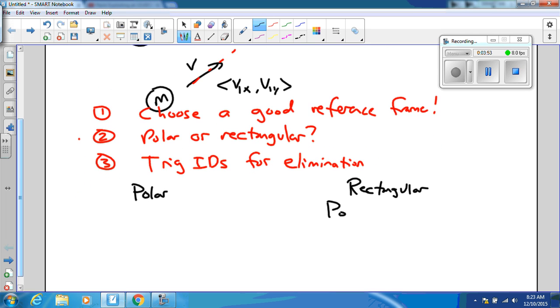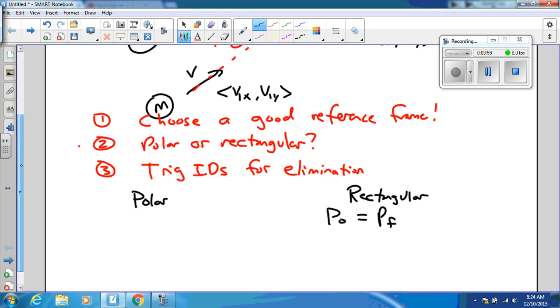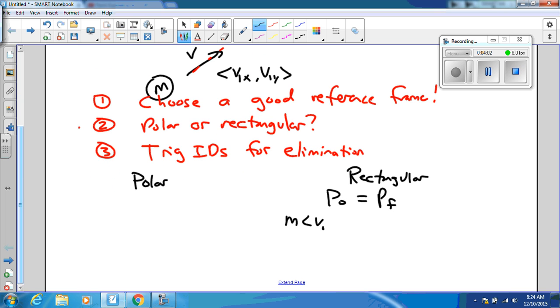And so then when I express conservation of momentum, p0 equals p final, then what I get is, for the first object, m times v comma 0, plus for the second object, m times v1x comma v1y, and then for the final, 2m times v2x comma v2y.